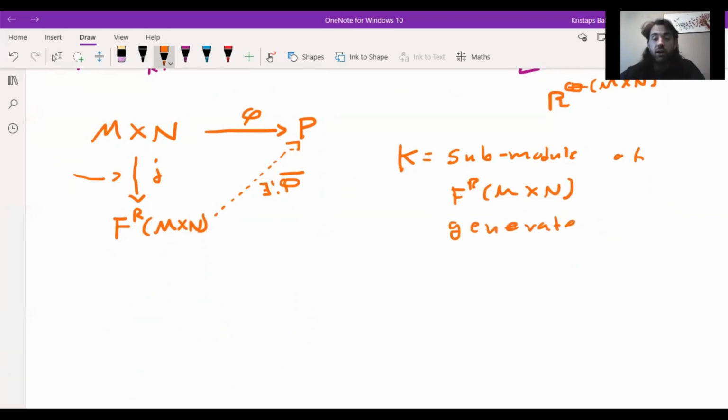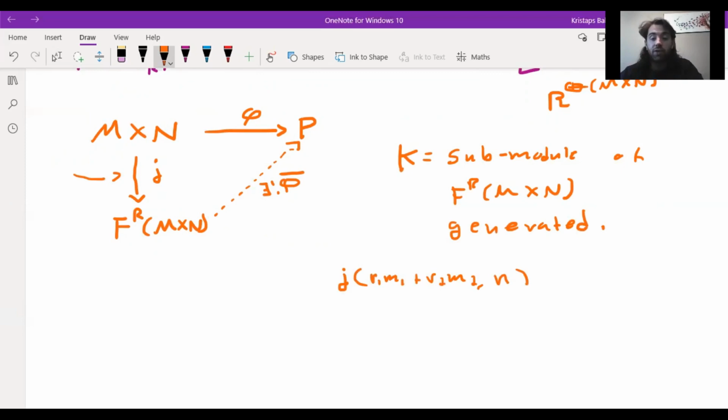So basically, we're going to force the R-bilinearity through these relations. So for example, if we take this map J, we want to say that for all R1 M1 plus R2 M2, and then we'll stick an N here. So this is for all R1, R2 in the ring, M1, M2 in M, and N in N.